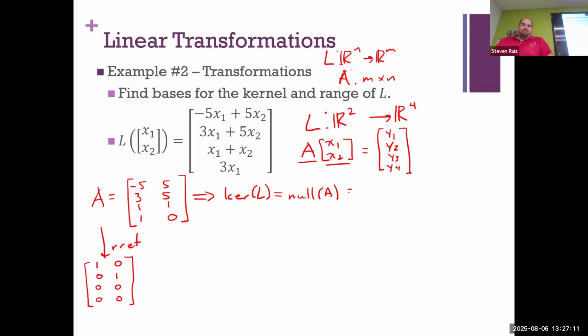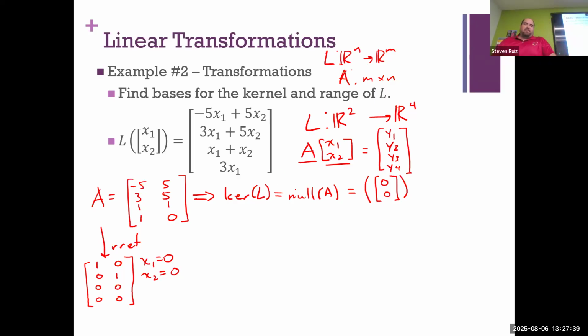It's the smallest it could possibly be. How do we know that? x1 equals 0. Right. The first 2 rows of the reduced matrix tell you x1 equals 0, x2 equals 0, which means if you multiply A by x1, x2 and get 0 out, the only way to do that is to multiply by the 0 vector.